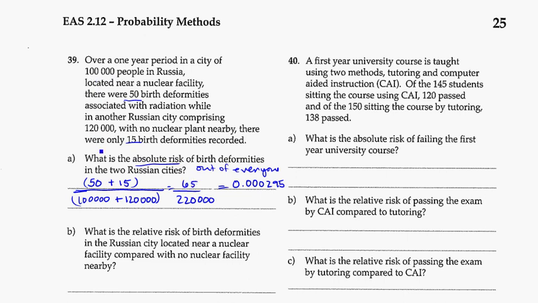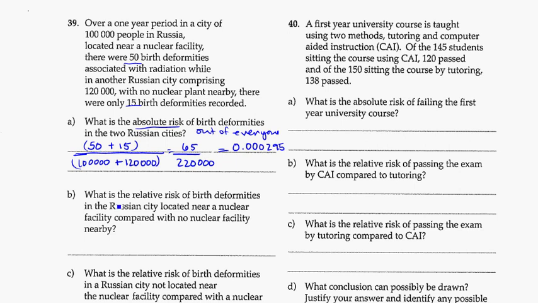The next question they're asking me is, what is the relative risk of birth deformities in the Russian city located near compared with no nuclear facility nearby? So here I need to know the risk of both. So I might put over here the risk near, so those with a plant nearby. What was that? That was 50 out of 100,000. So they had 50 birth defects out of 100,000.